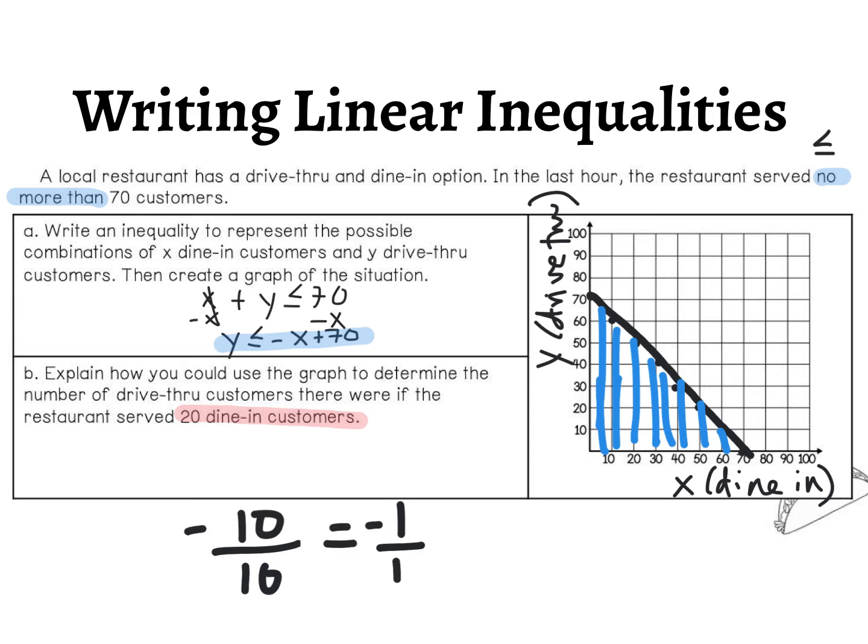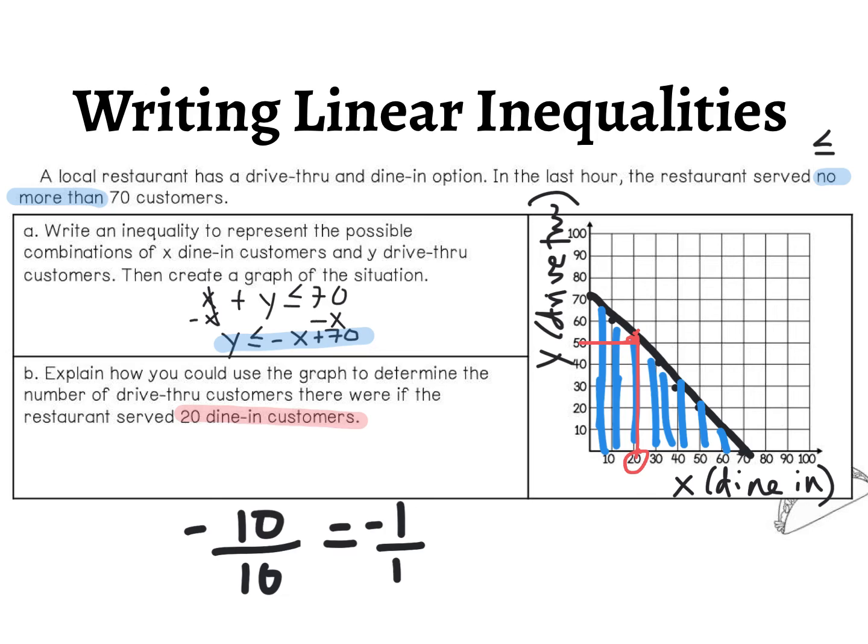I have 20 dine-in customers down here. Then what are the possible drive-through customer scenarios? Anything in this section up to this number, the 50. Everything in here.